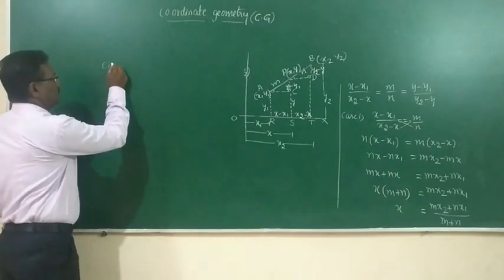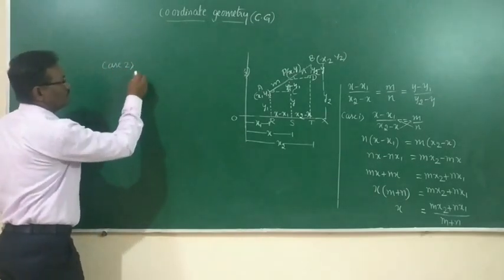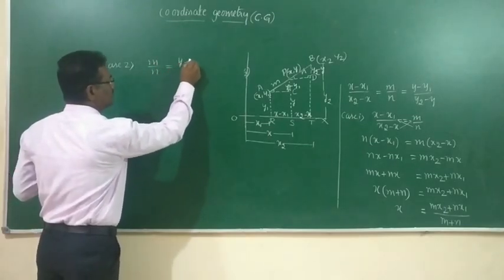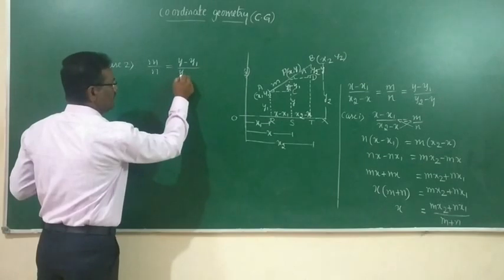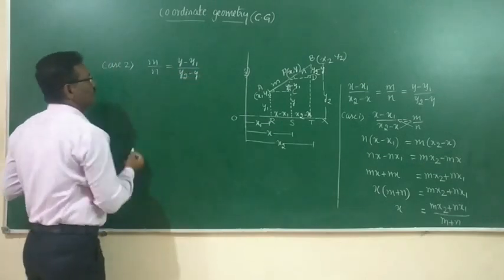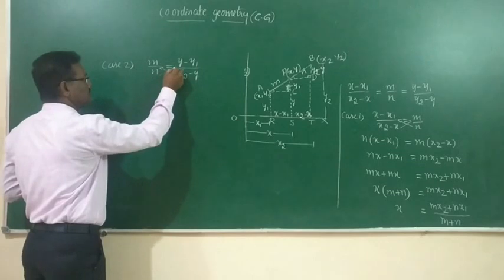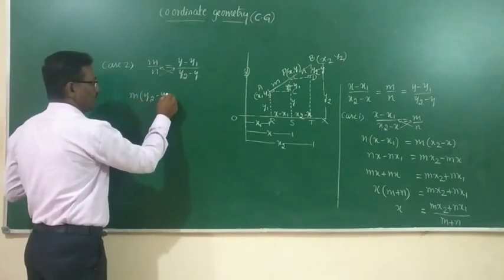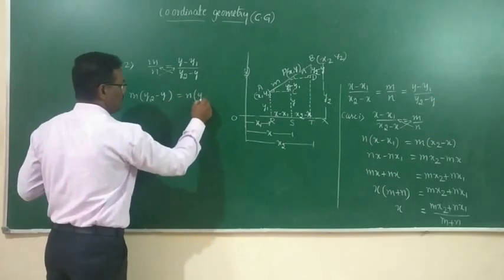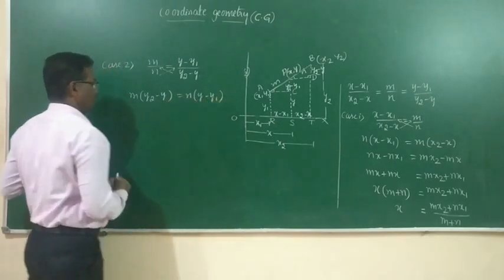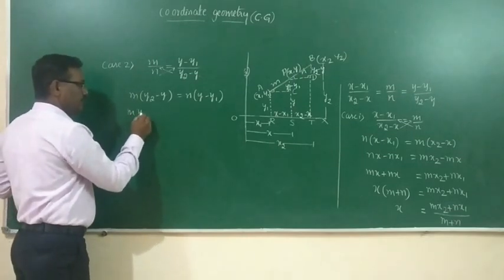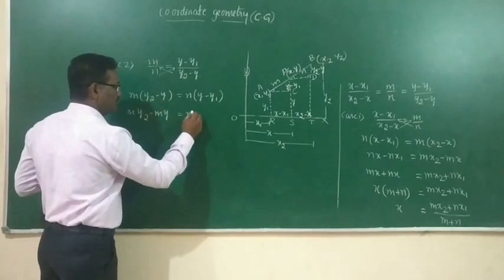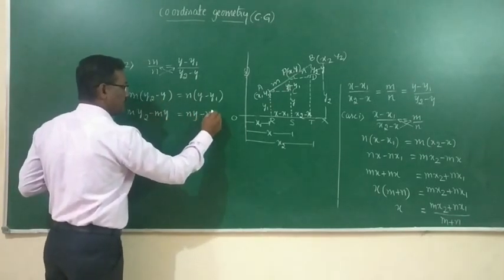By cross multiplication, m into y2 minus y equals n into y minus y1. By multiplying, my2 minus my equals ny minus ny1.